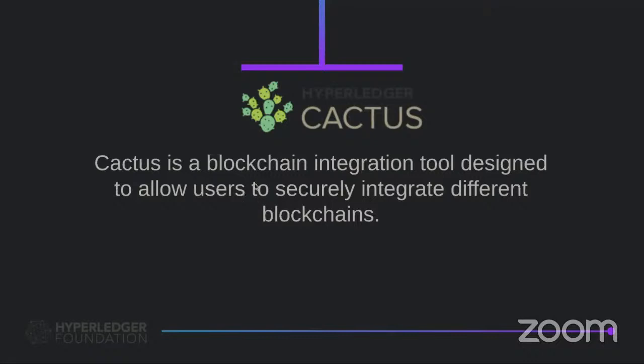So basically with Cactus, different organizations can integrate their blockchains. The same organization can use its blockchain ecosystem to integrate different departments so that they can work concurrently.